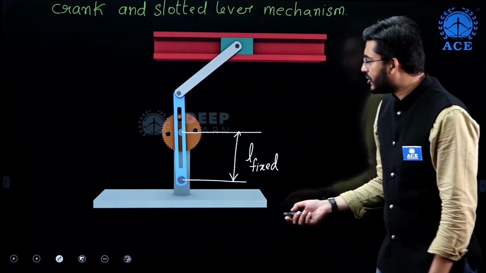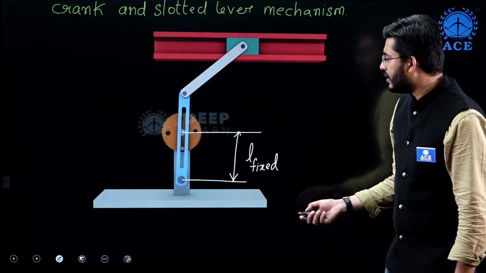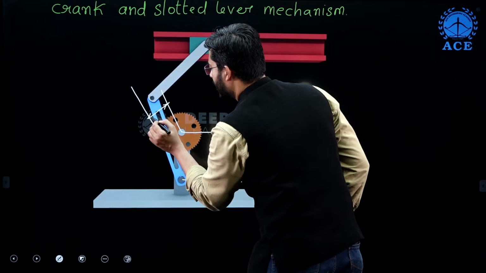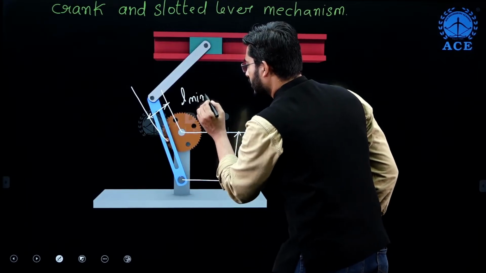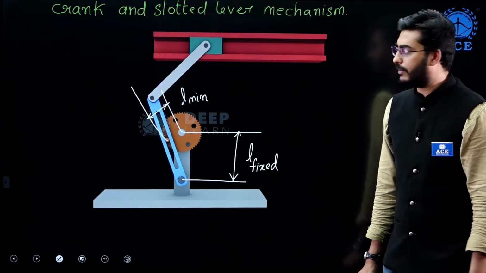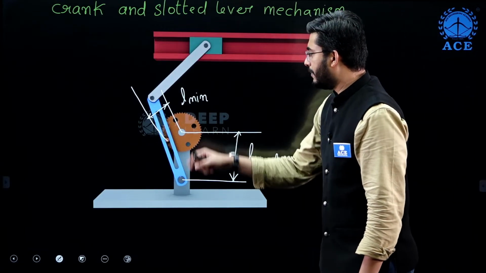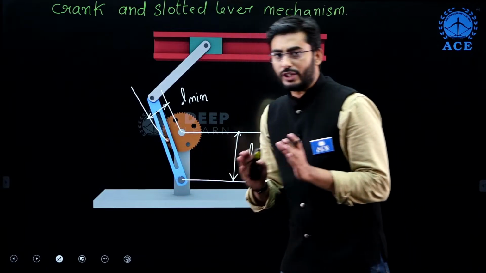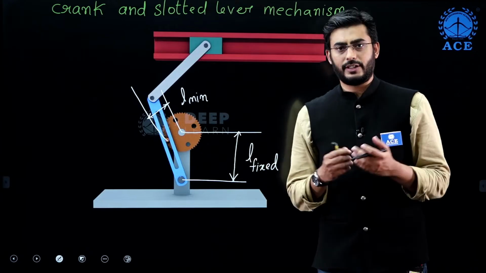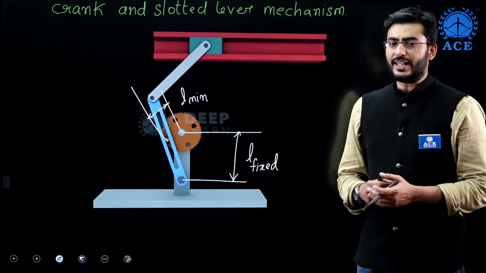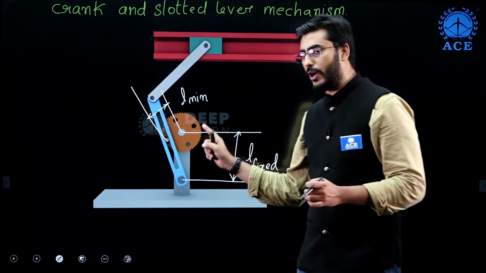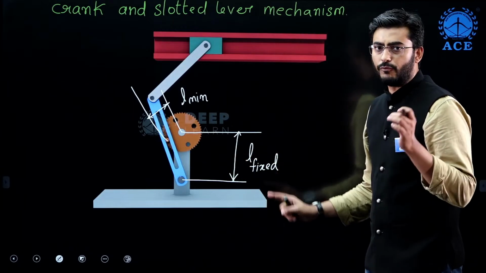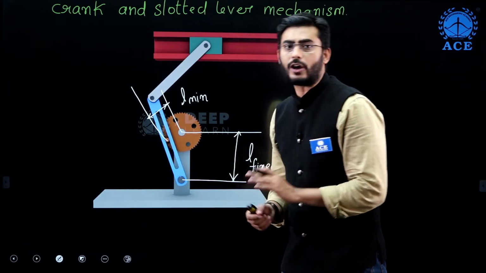Now, if I run the animation once again, you can see that this is going to describe L minimum, the length of the smallest link. Now, if you recall the inversions under Grashof's law, if we are fixing the link adjacent to L minimum, then what do we get? We get a crank rocker mechanism.